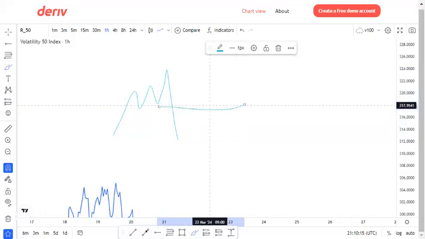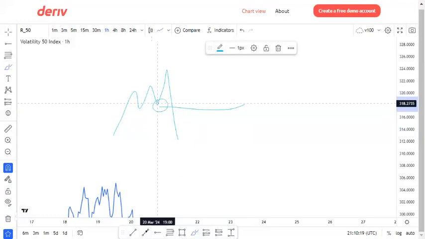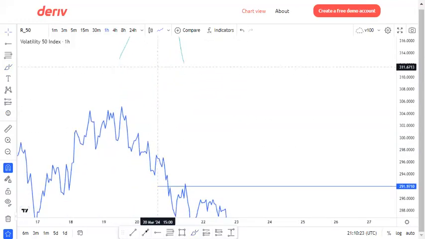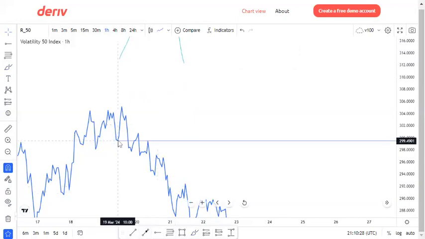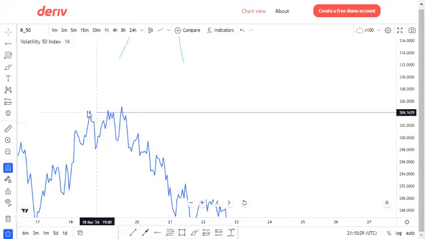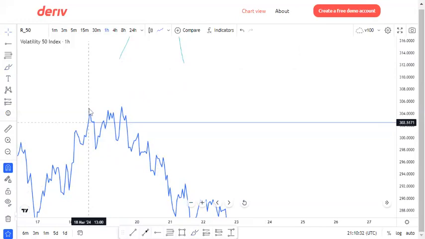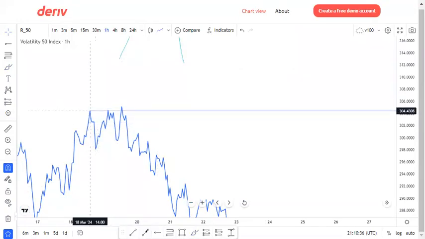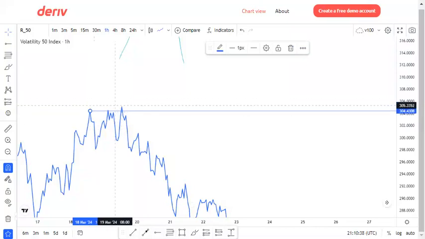This signifies that the market is changing direction, and the same thing happened at this place here. You can see that the market formed a new low after the market formed this high, the market made a low here.